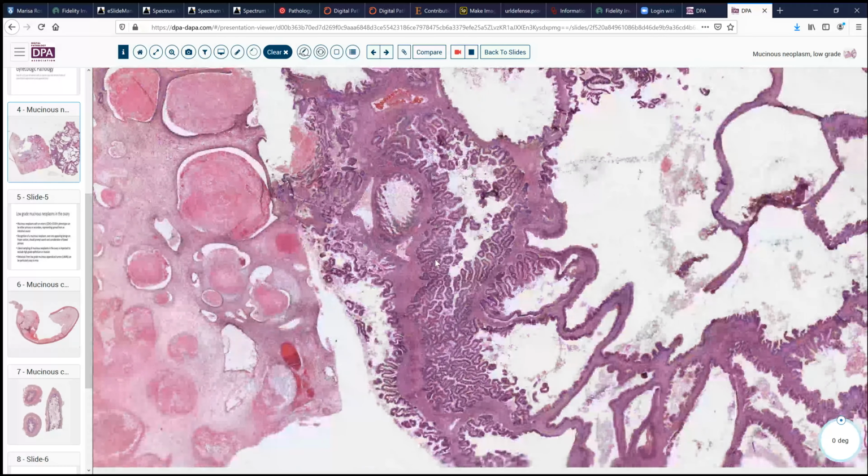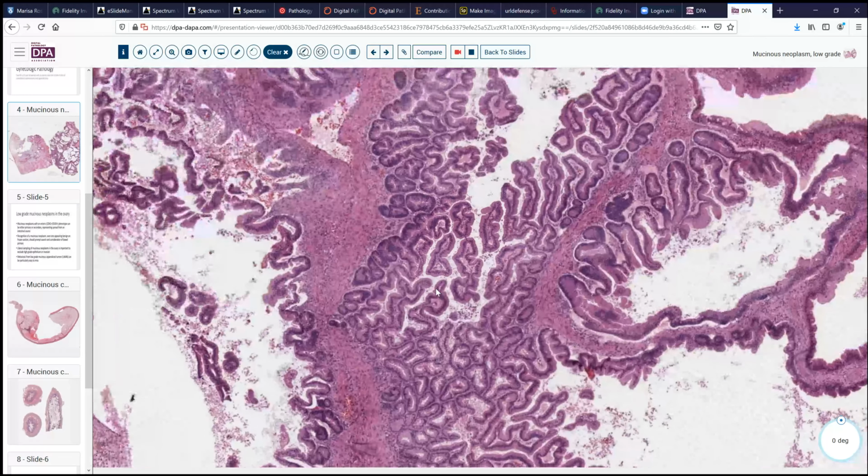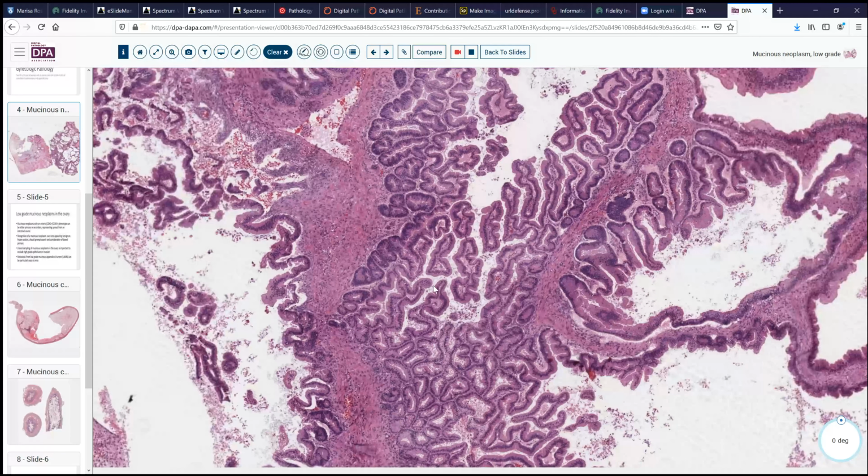Even in these very cellular areas here, we don't see intraepithelial carcinoma or any sort of high-grade dysplasia.